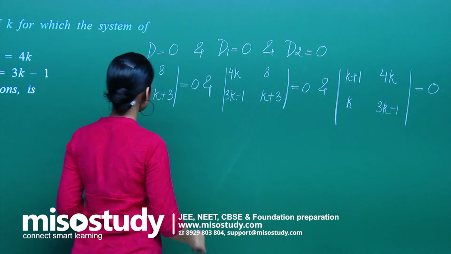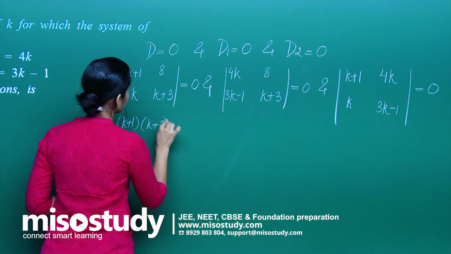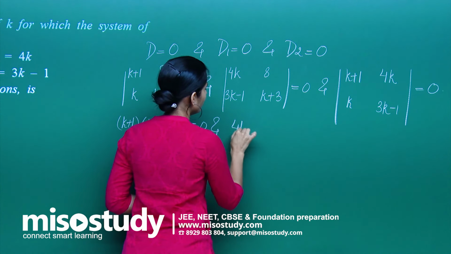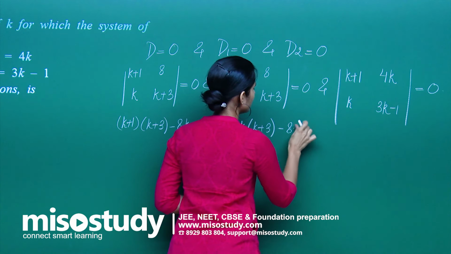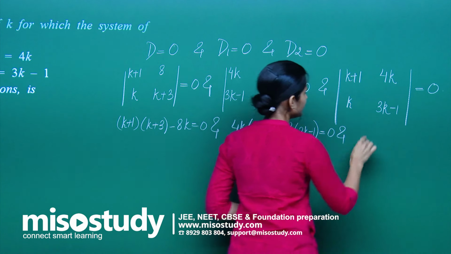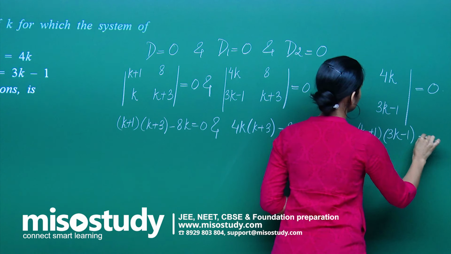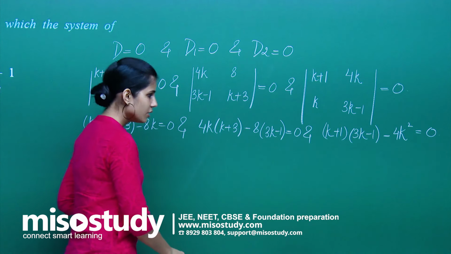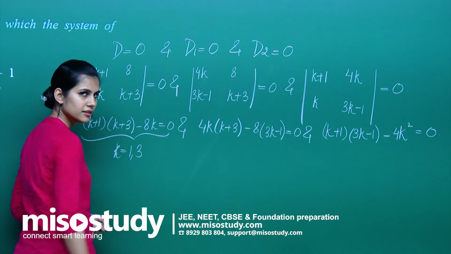Very easily you can expand this. You are going to get (k plus 1)(k plus 3) minus 8k is 0, and 4k(k plus 3) minus 8(3k minus 1) is 0, and (k plus 1)(3k minus 1) minus 4k into k is 0. When you solve this, you get k equals 1 and 3.